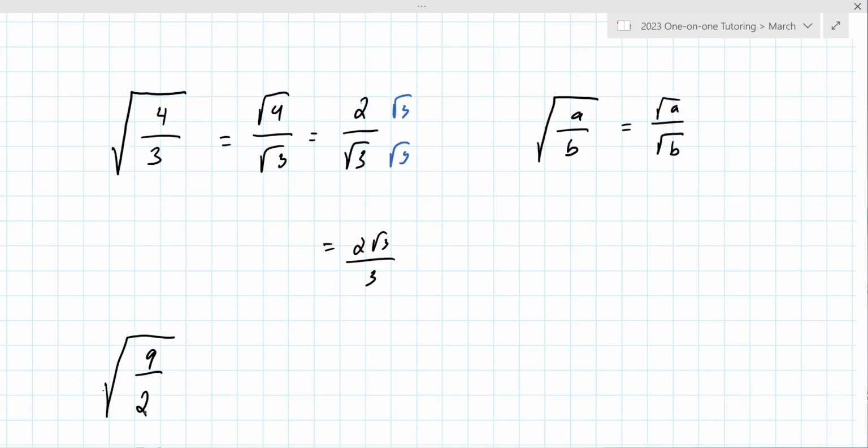I got 3 square root of 2 over 2. That is correct. Very good.